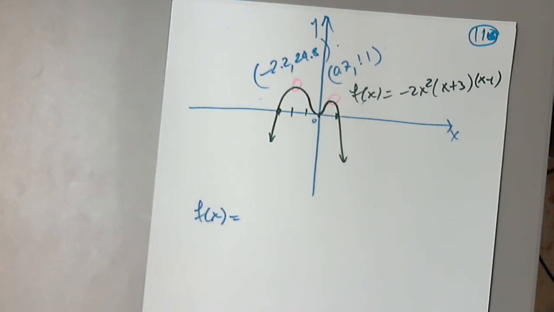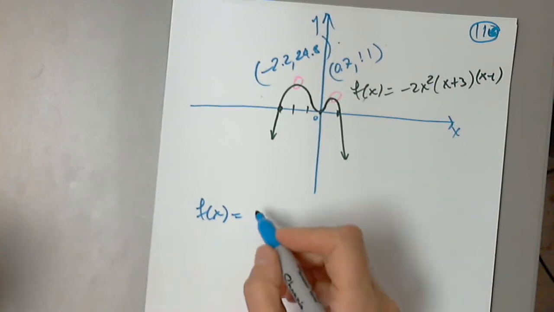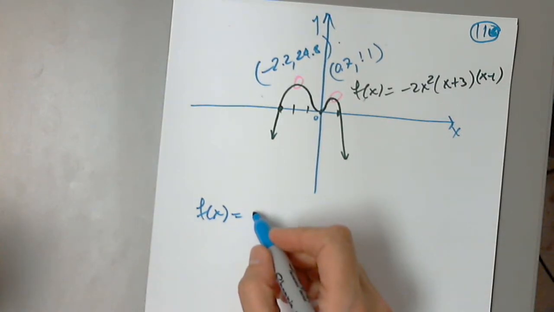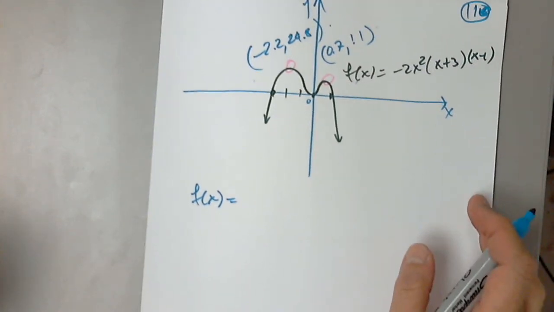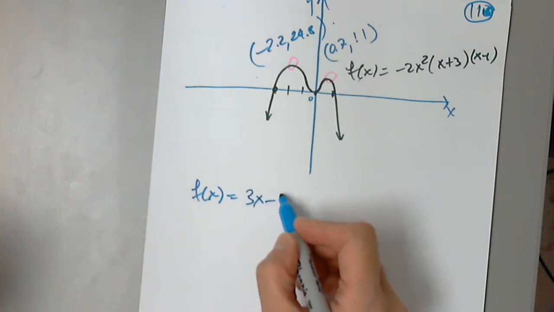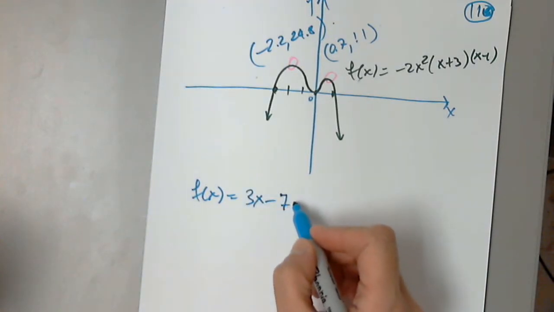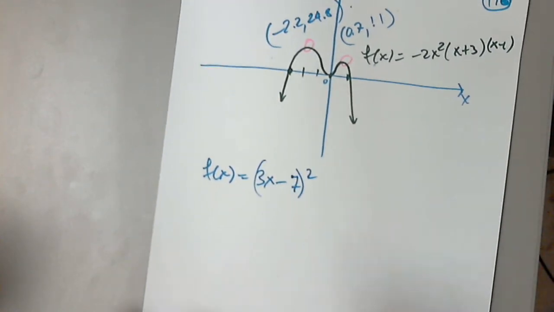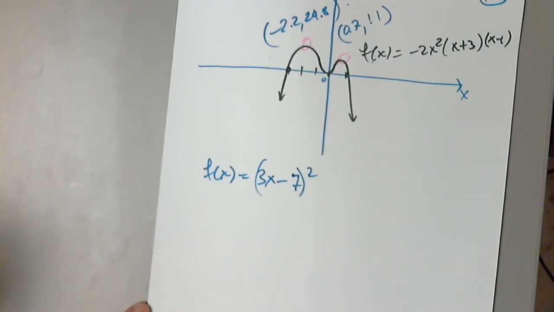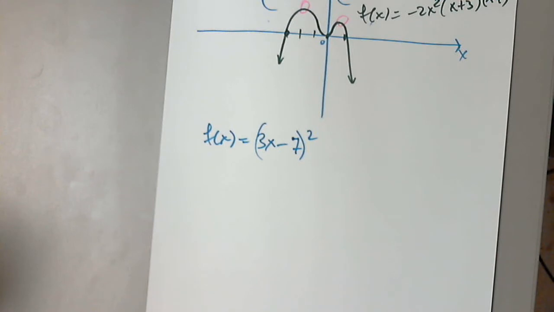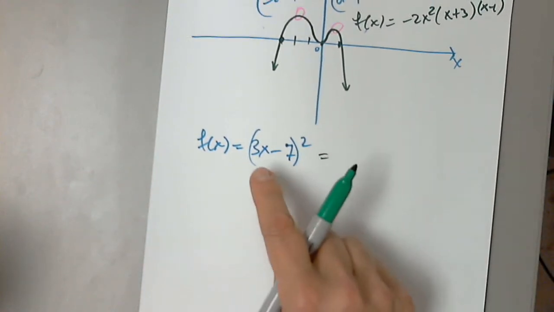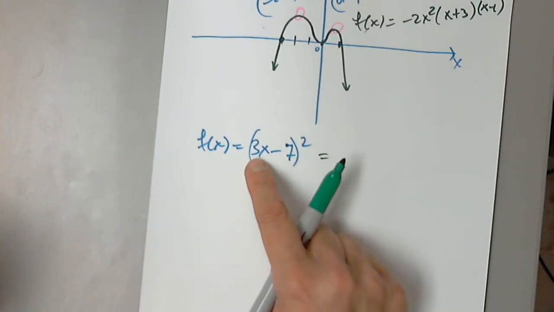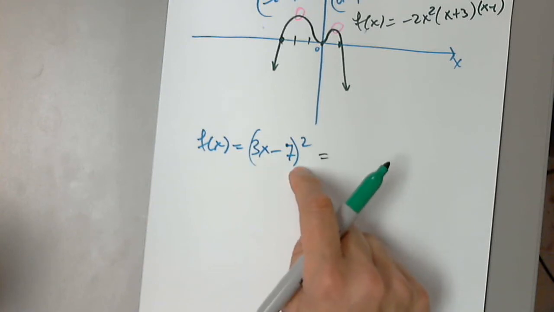Quantity 3x minus 7, squared. So (3x minus 7) squared. Very good. Because the leading coefficient is inside here, we have to expand the function.